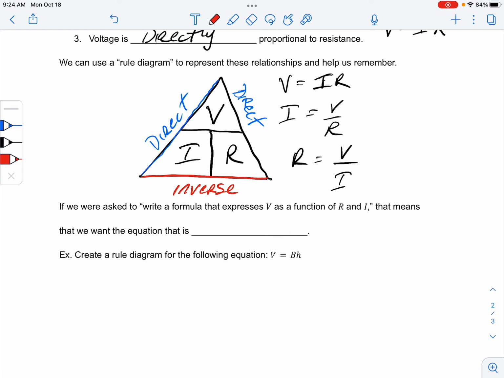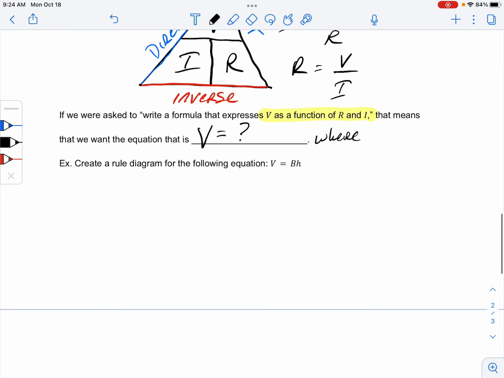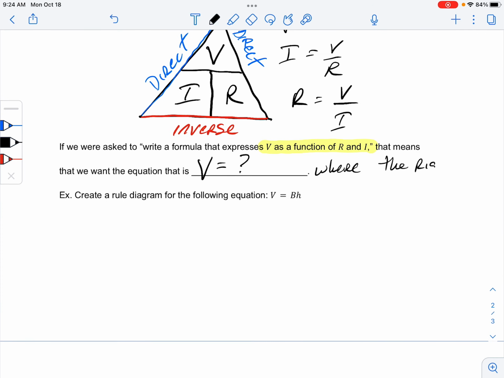So when you are asked to write a formula that expresses V as a function of R and I, what that means is we want an equation that is V equals something, and you probably want to say where the right side includes R and I. So when we say V as a function of R and I, we want V equals something with R and I in it.